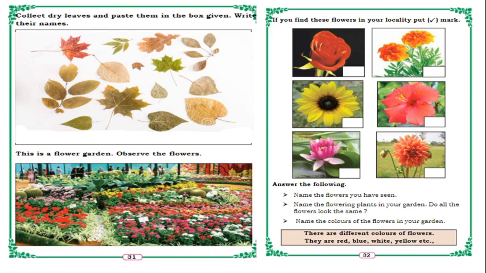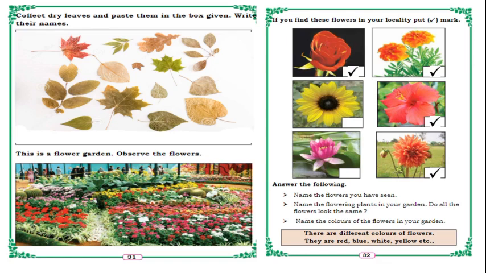First one is rose, right mark. Next, marigold, hibiscus, dahlia, sunflower. See, sunflower we usually can't see nearby our house, isn't it? So I didn't put a right mark.